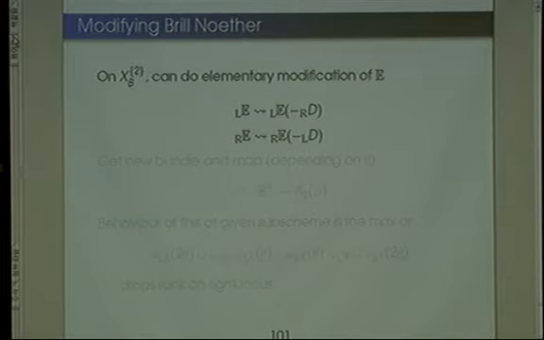You can do this twisting by this divisor, and you get a new bundle, a larger bundle, and the Wronskian map extends to this larger bundle again.